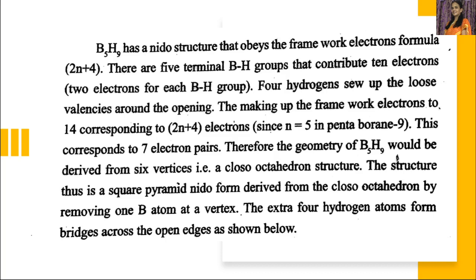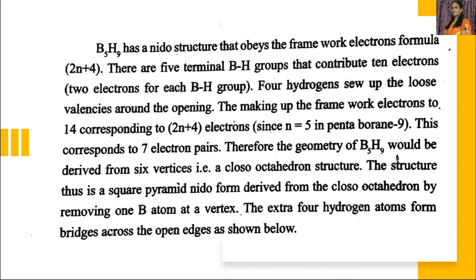Altogether 10 plus 4, 14. Here 2 into n, where n is the number of boron atoms, that is 5, so 2 into 5 is 10 plus 4, 14 electrons. Since n is equal to 5 in pentaborane B5H9, this corresponds to 7 electron pairs.